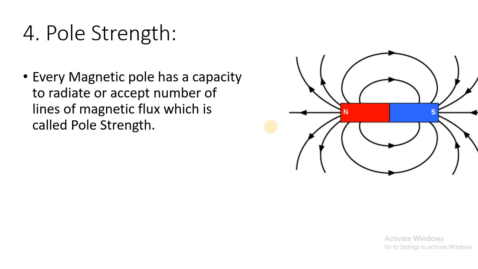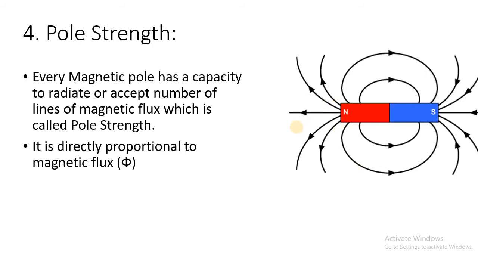So if 10 raised to 8 lines are radiating from the N pole, we will say the N pole has a pole strength of 1 Weber, and if the S pole accepts 10 raised to 8 lines of magnetic force, then the S pole has 1 Weber accepting pole strength. As pole strength depends on the number of magnetic lines, it is also measured in Weber.